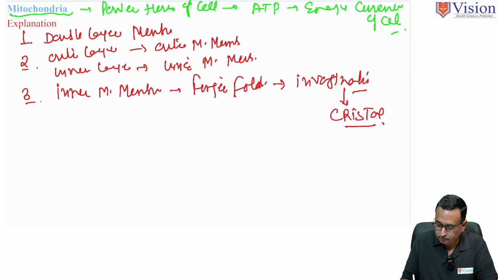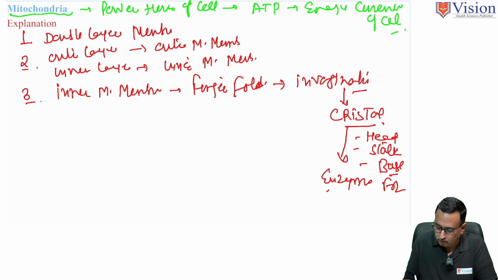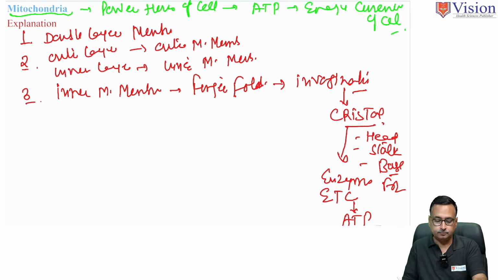Each cristae has a head, stalk, and base, three components. A cristae contains enzymes for the electron transport chain, which is concerned with ATP synthesis.